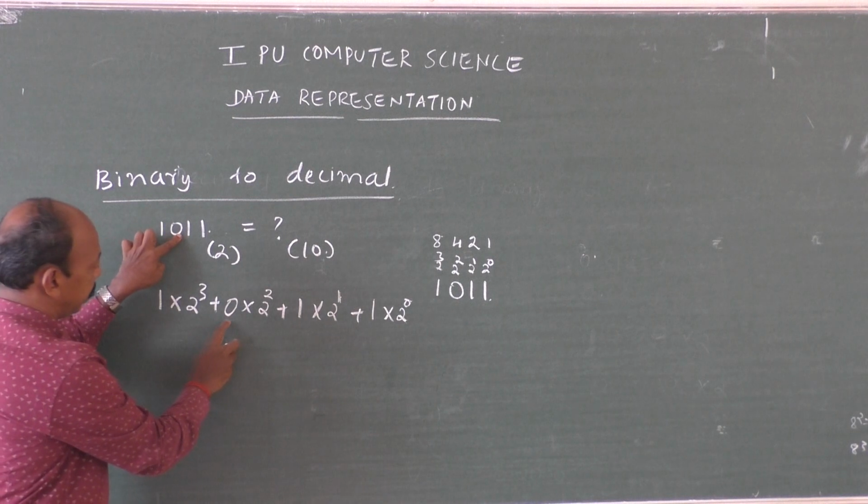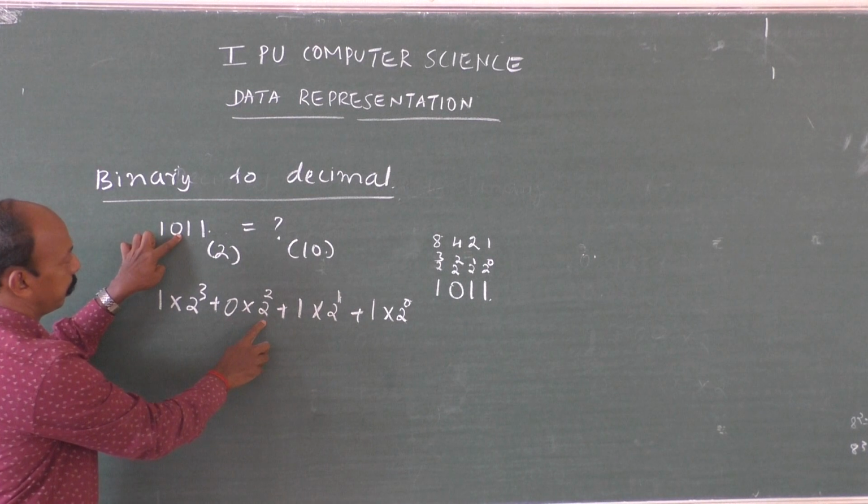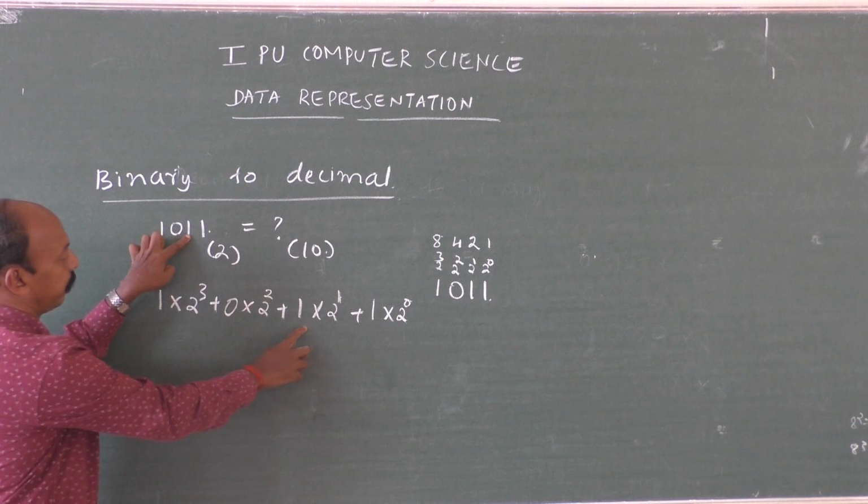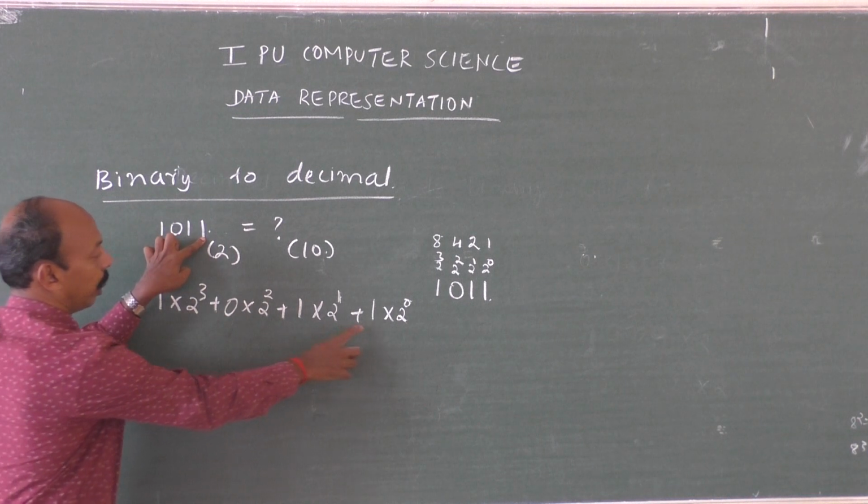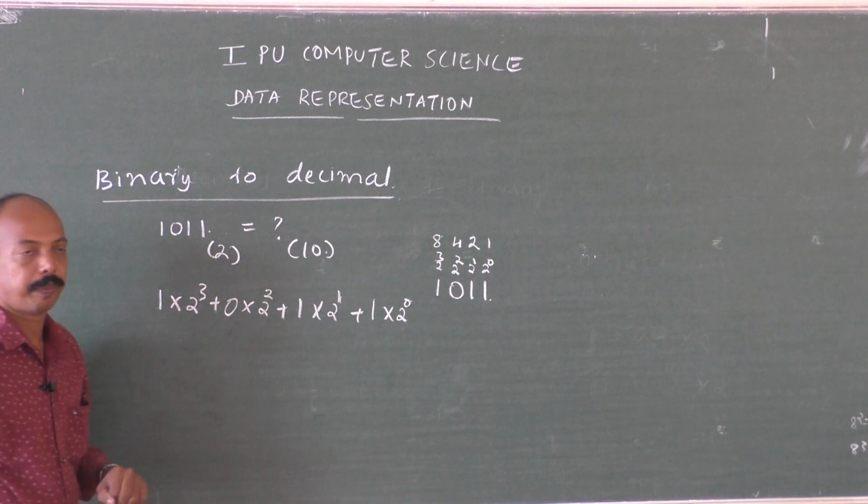Plus 0 into 2 to the power 2 plus 1 into 2 to the power 1 plus 1 into 2 to the power 0.